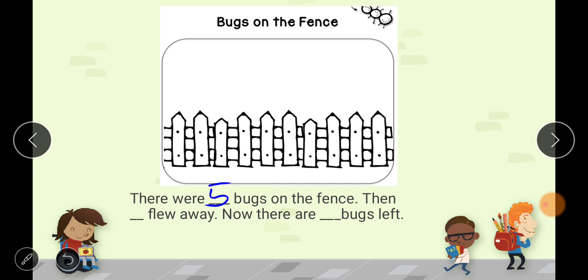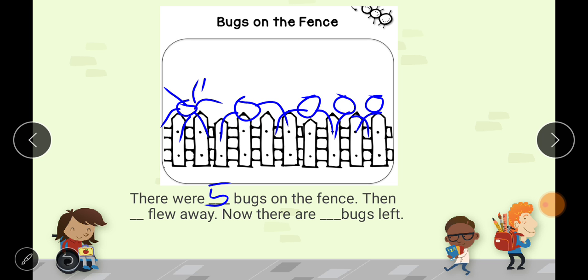So let's draw the 5 bugs. That's 1 bug. 2, 3, 4, 5. 5 bugs.